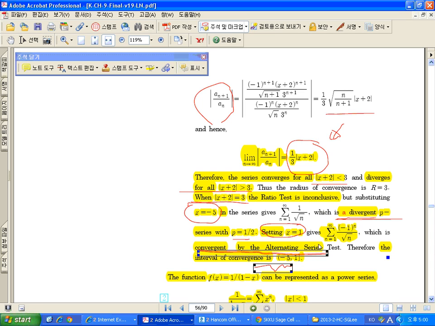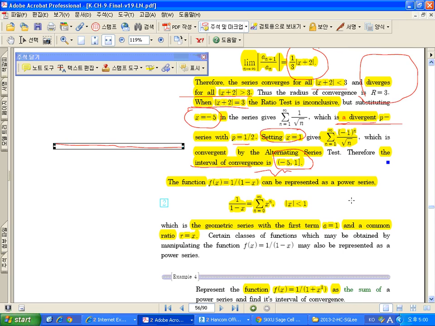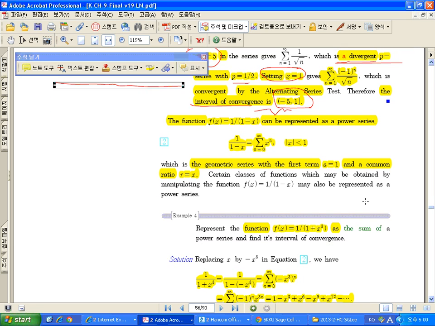So this is the answer we are looking for, the interval of convergence. The radius of convergence is 3. Okay. So all of the knowledge that we have learned for the convergence of series can be applied to find the interval of convergence and the radius of convergence.